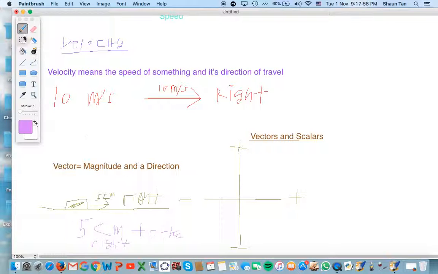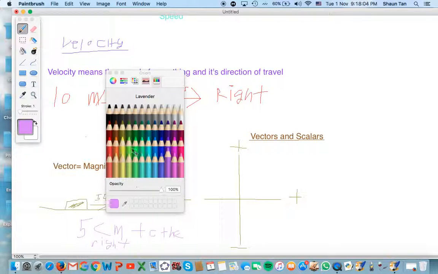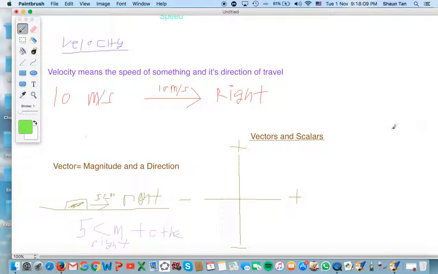And let me give you another example. I'm just gonna draw an arrow that goes like this. Now, let's say this arrow is 6 centimeters. To decide whether it's a negative or positive, you need to look at the direction.